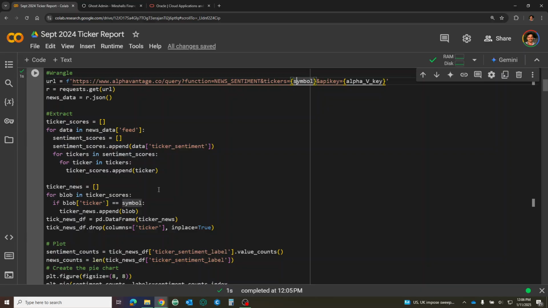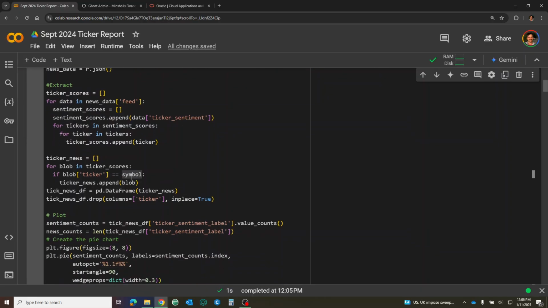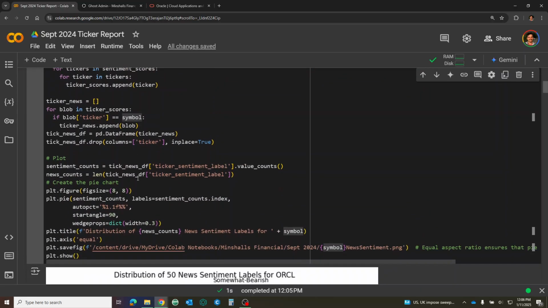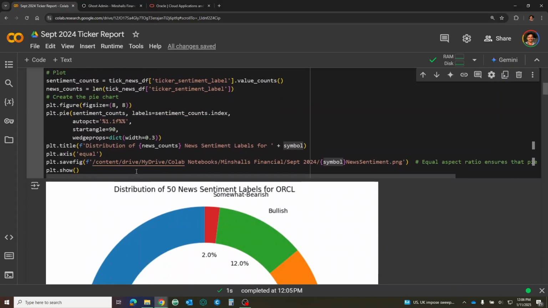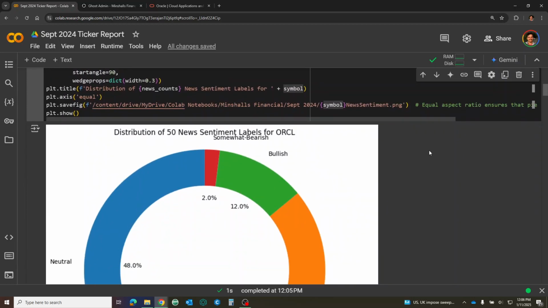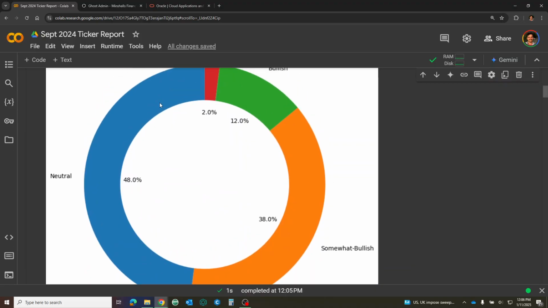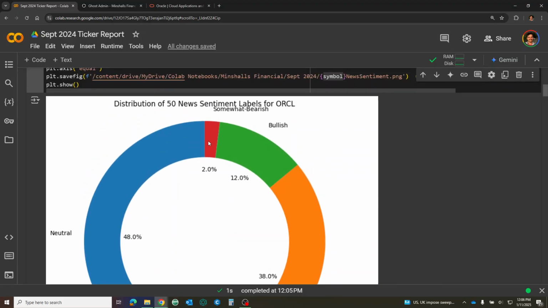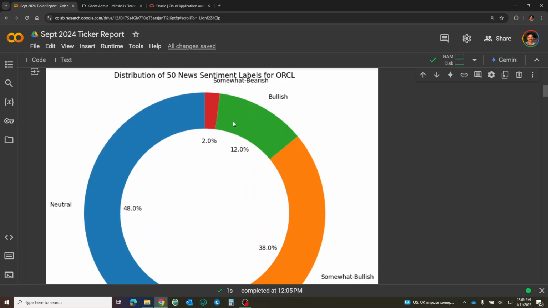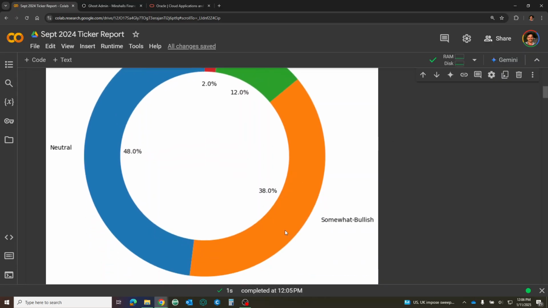So this extracts just that, and then we grab the labels and sentiment counts of that, and we put it in a pie chart. You can see here most of the articles were neutral. There were a few out of the 50 that were somewhat bearish, and then 12% were somewhat bullish.